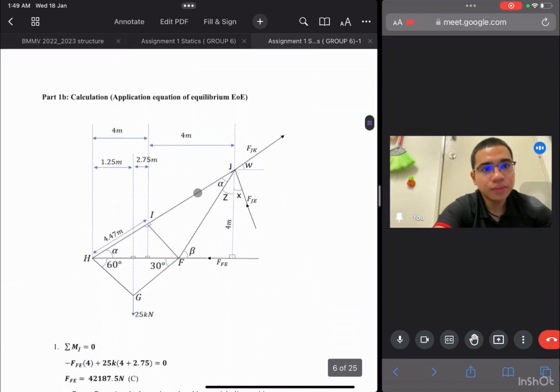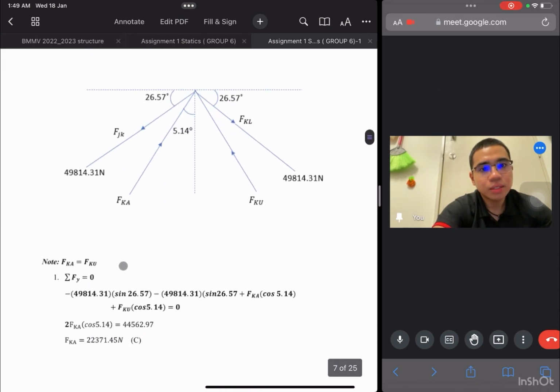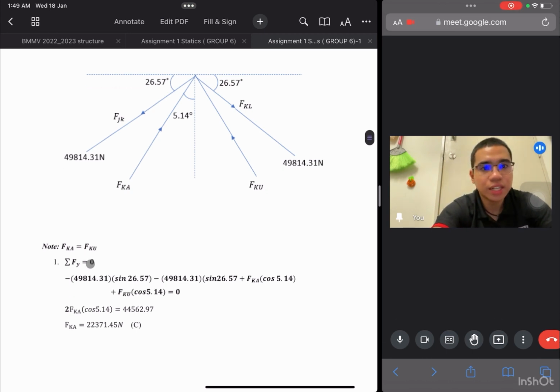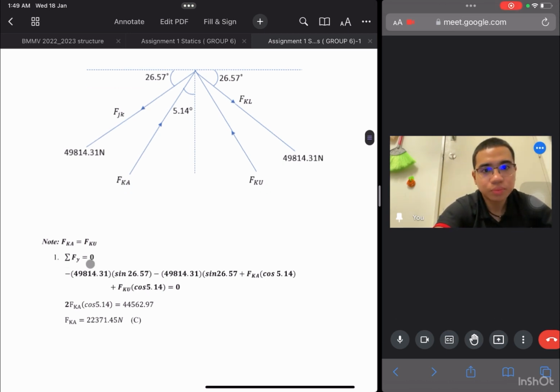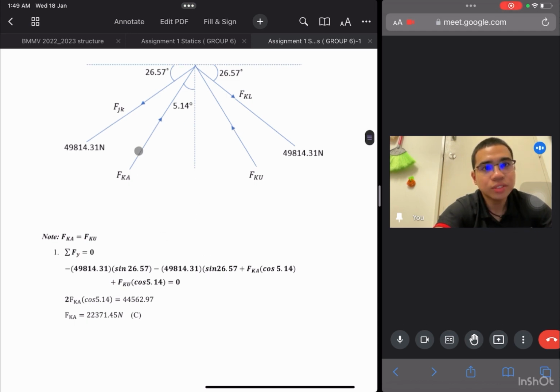So by solving it, by using the sum of force in the vertical direction equal to 0, we can see that FKA will be equal to FKU since this is actually the same because it is symmetrical. So by solving all this, downward force will equal to upward force.